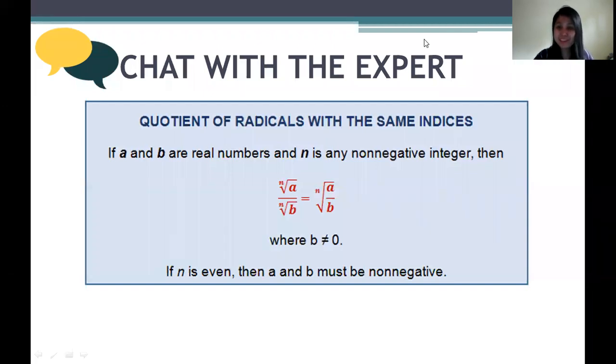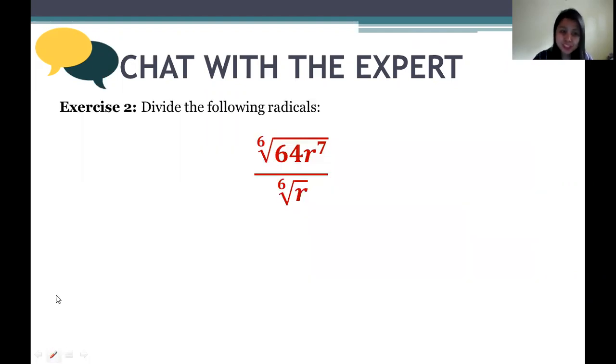Let's take the first example. Ready? Now this one. First, you look at their indices. That's 6 and 6. So they are of the same indices. So we can write them under one radical sign with an index of 6.